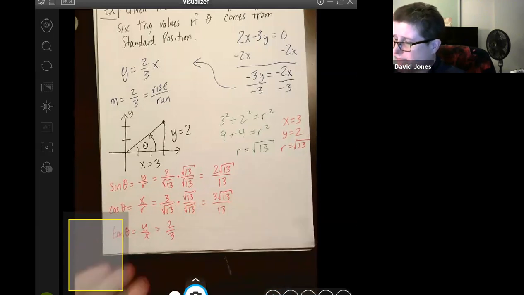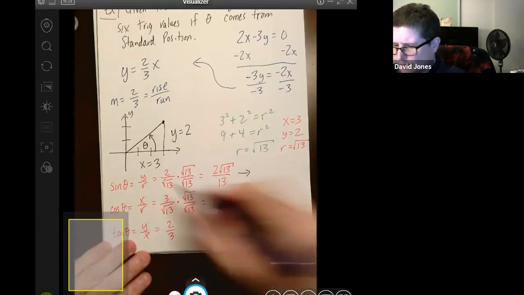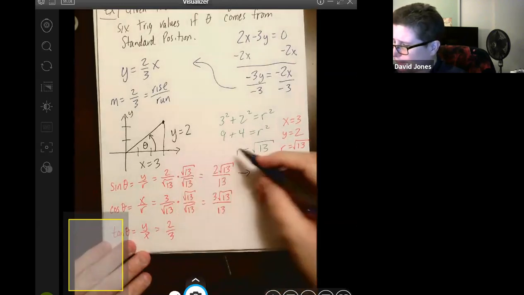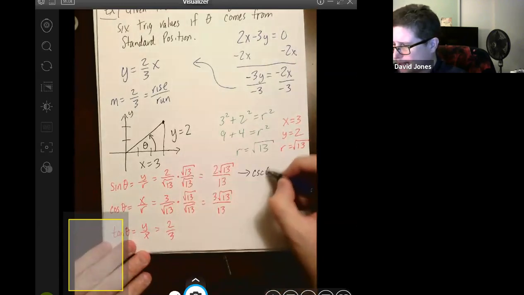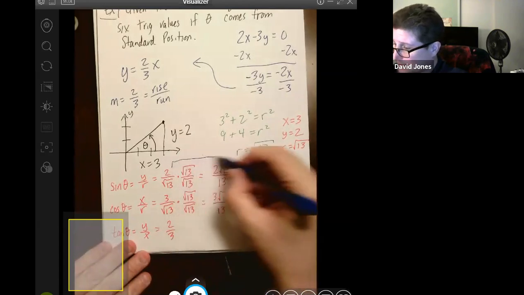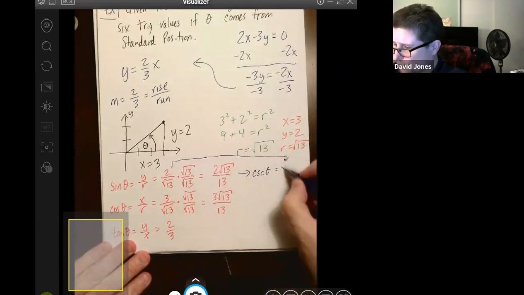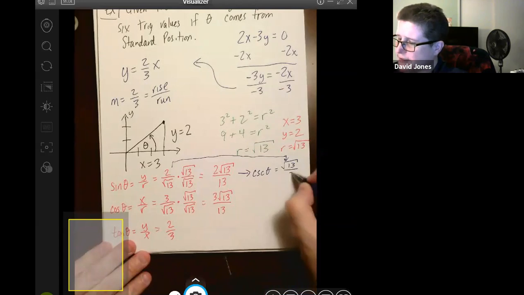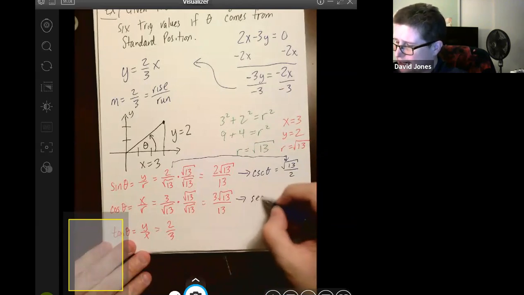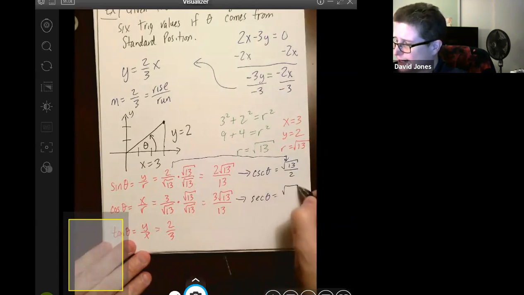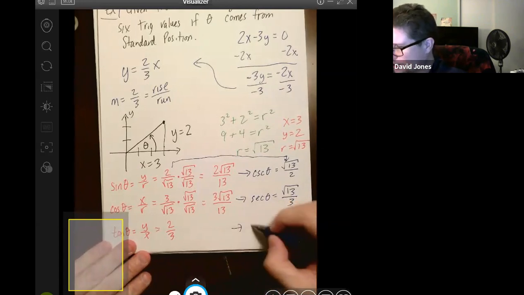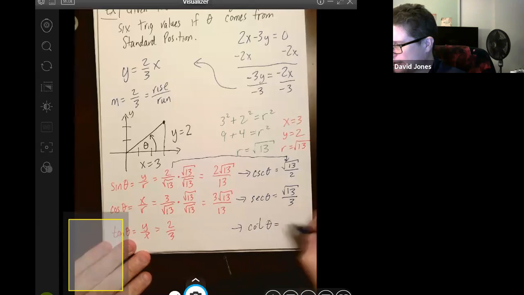We flip them. Might as well use these ones to flip. Cosecant theta is root 13 over 2. Secant theta is root 13 over 3. And cotangent theta is 3/2.